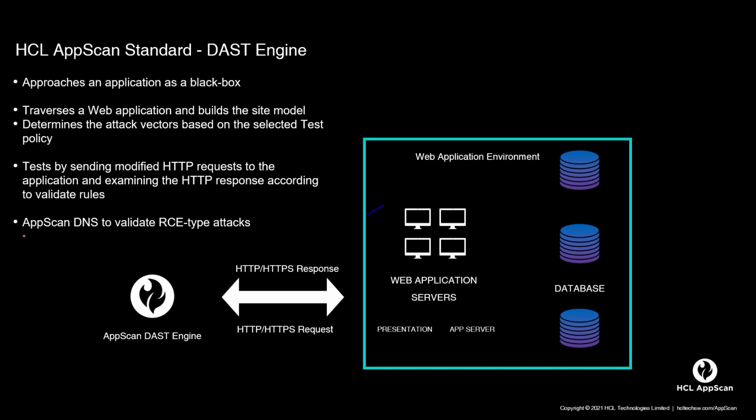Then we can inject a payload which triggers a DNS request, and that's how we can validate some of the remote command execution types of attack. And this is really innovative, in my opinion, as a way to have very in-depth coverage on your application and find things that other DAST tooling may not be able to.